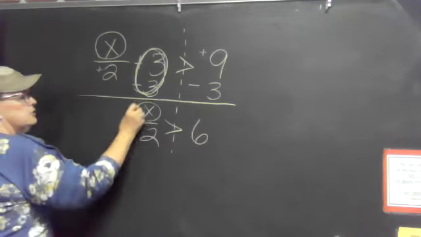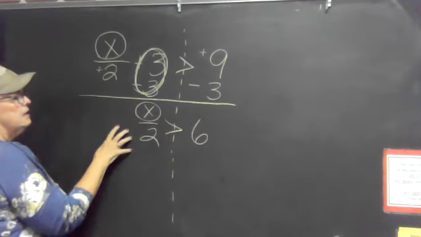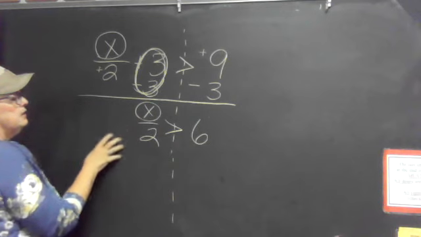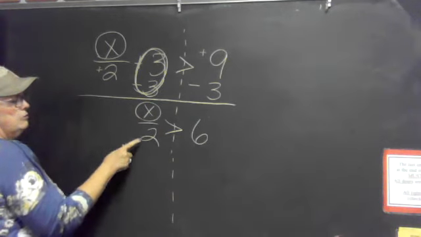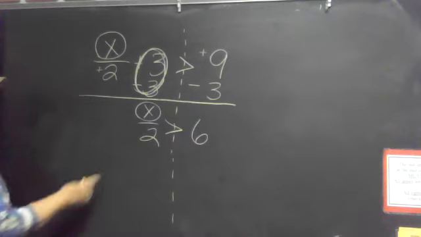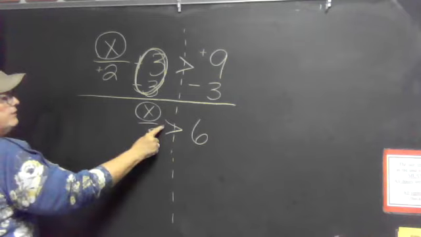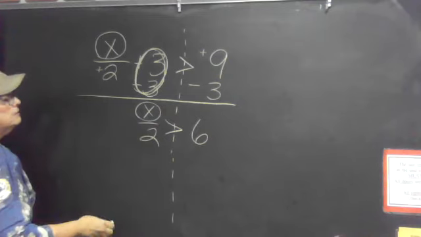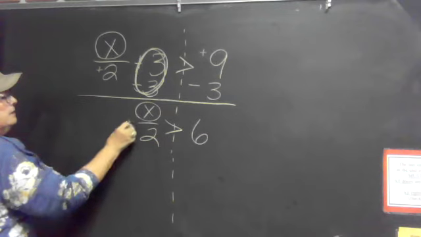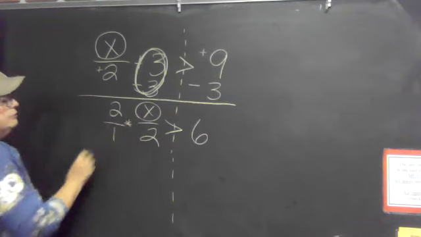Okay? Circle the variable again, so it tells us to continue to look at this side and get rid of everything that's with the x. So now I have to get rid of the 2, and how is the 2 connected to the x? Divide. It's connected with divide, so how do you undo divide? You multiply by 2, and since this is a fraction, I want to make this one a fraction.